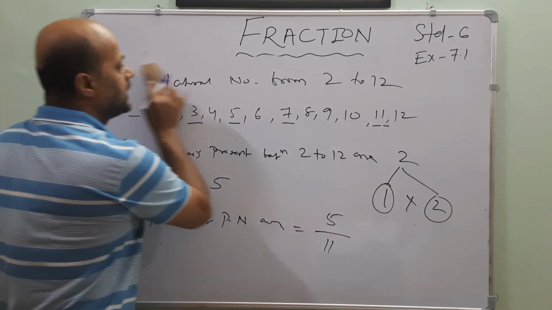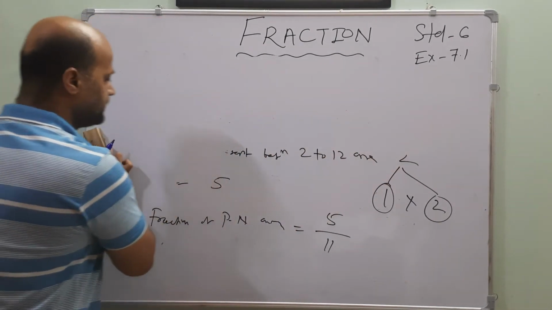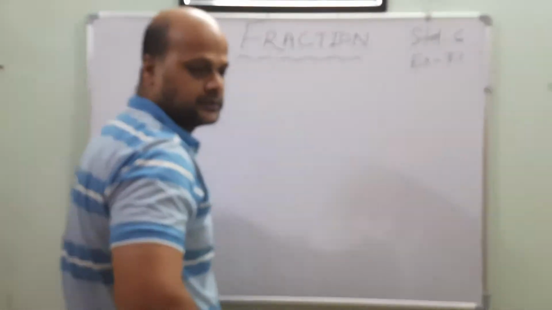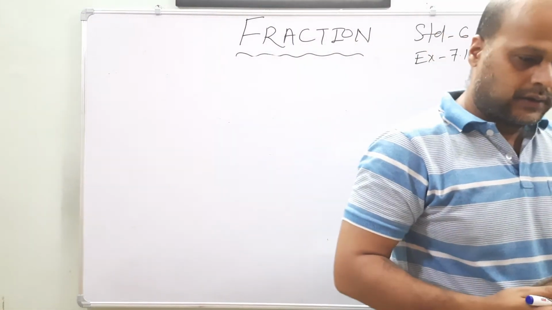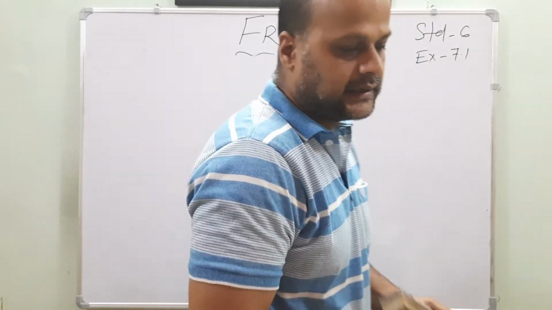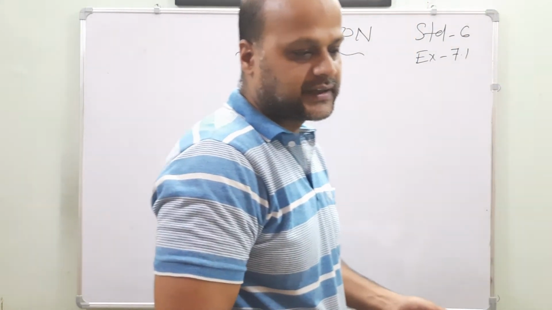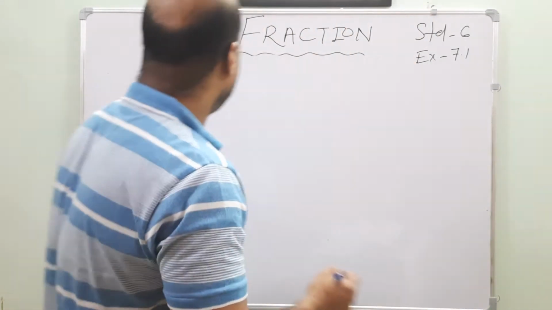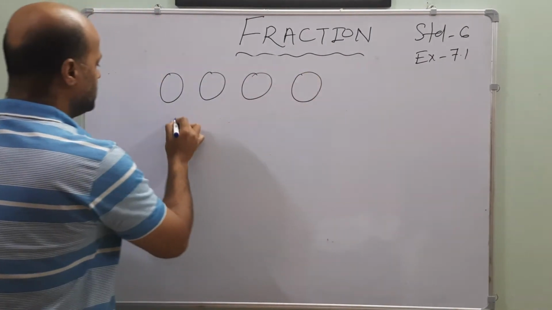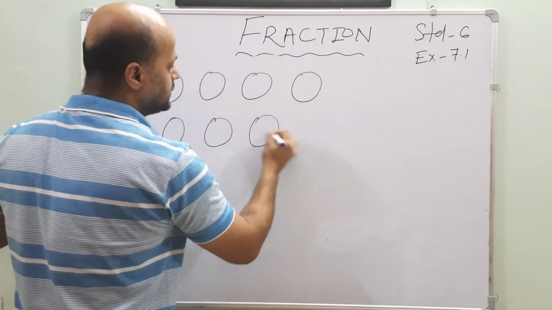Let's go to the another number. Okay, 10th one, saying what fraction of these circles have x in them? 1, 2, 3, 4. 1, 2, 3, 4.